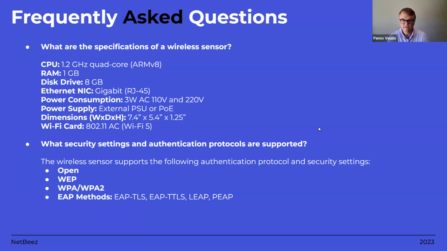It supports Wi-Fi 5 currently, and we're working on the Wi-Fi 6 sensor as we speak. In terms of authentication methods we support, of course, all the basic ones: Open, WPA, EAP methods, and WPA3, which are coming with the Wi-Fi 6 sensor that's going to be released next quarter.